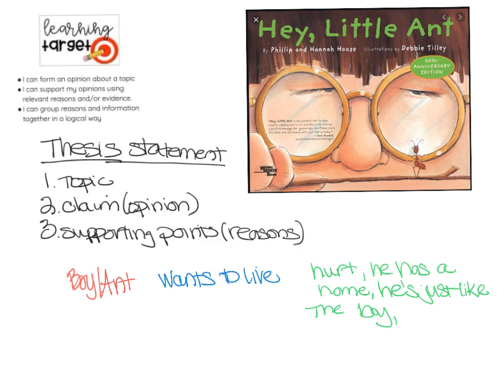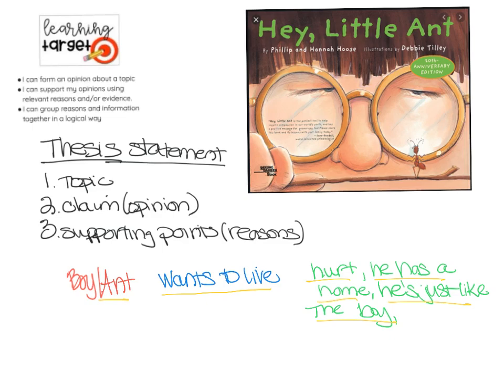But if we were to put all of this together, we could say, the ant wants to live because it would hurt. He has a home. He's just like the boy.